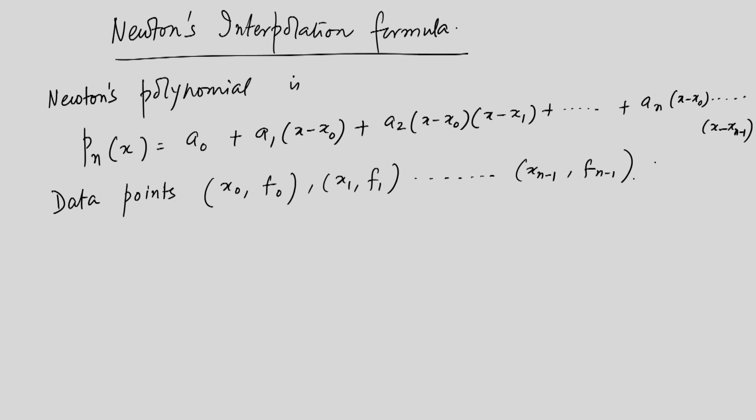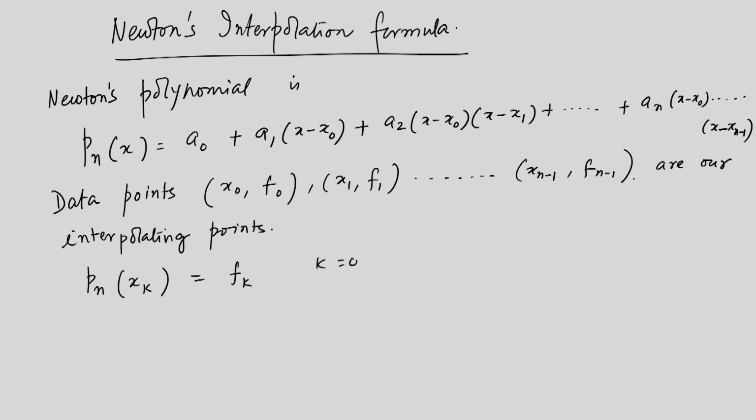So, these are the interpolating points, which says that P n at x k is called f k, where k equal to 0, 1, 2 all the way up to n minus 1.